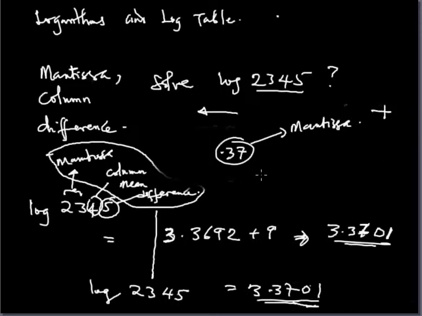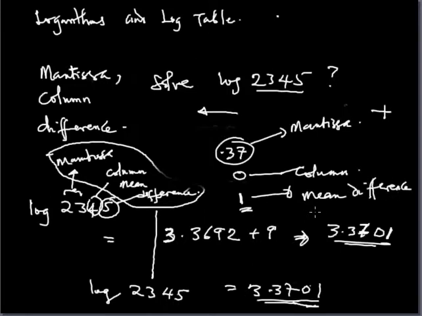Under colon 0, and the mean difference of 1, we realize that we'll get this value, 2345, back. When we add everything together, this is the value we are going to get.